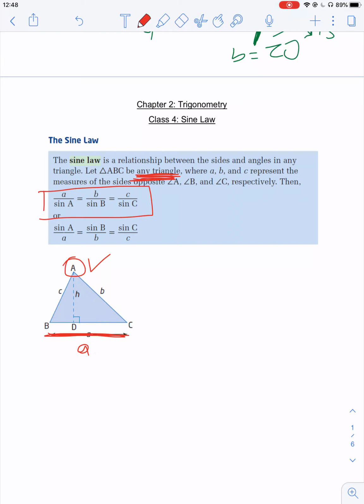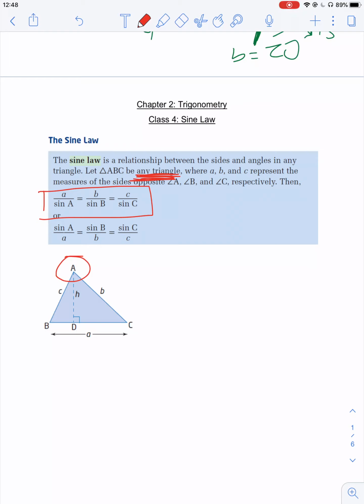What do I mean by that? We're going to do examples and hopefully that will make sense. Once you have a ratio, you always need to have one angle and the side opposite to it. Only then it will work, plus something else. That something else could be another side or an angle. But you need a side and an angle opposite to that.